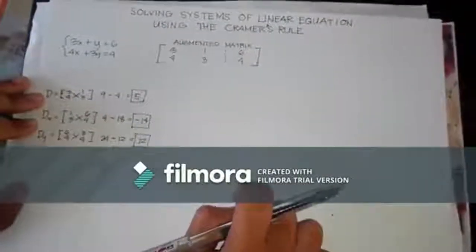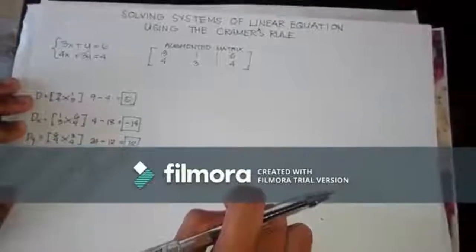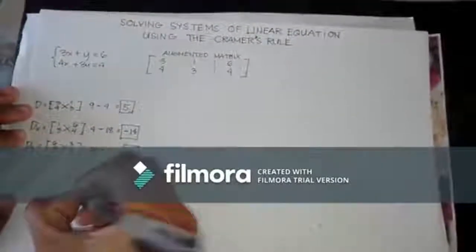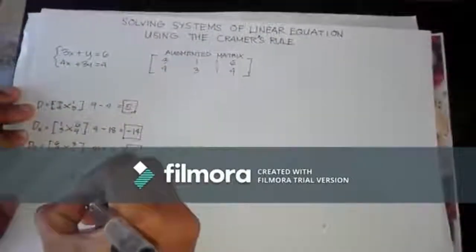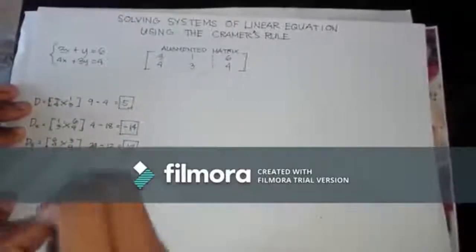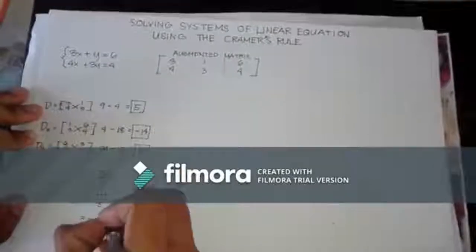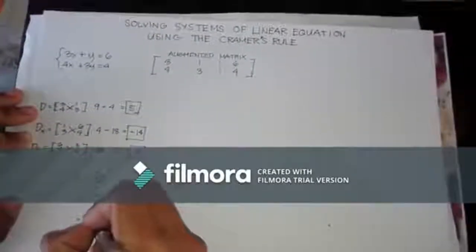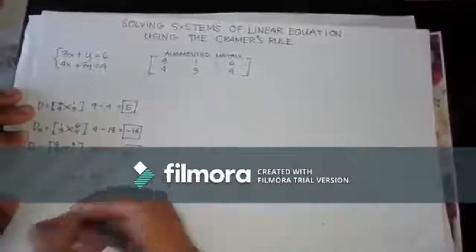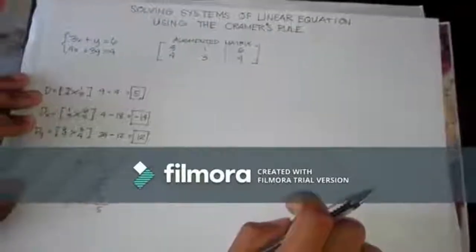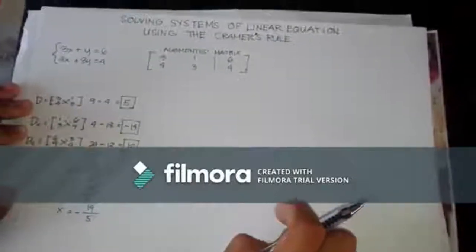So we simply substitute the value of d sub x over d. So we now have the value of x, which is negative 14 over 5.